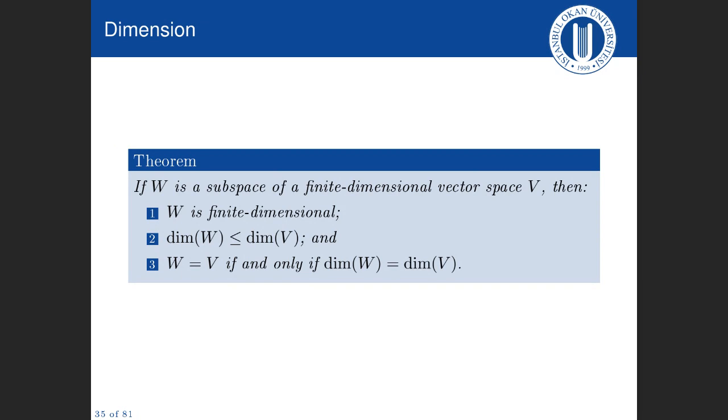If V is finite dimensional and W is contained inside V, then W must be somehow smaller, or at least not bigger than V. The dimension of W must be less than or equal to the dimension of V for the same reason, and the only way that we can have the dimension of W the same as the dimension of V is if W is equal to V. Let's move on.